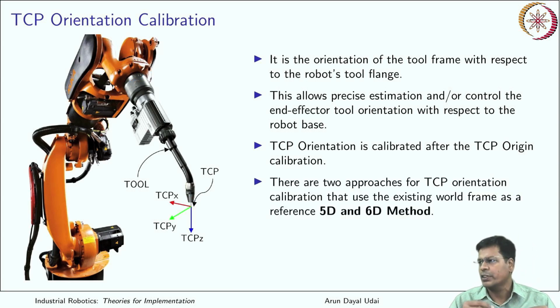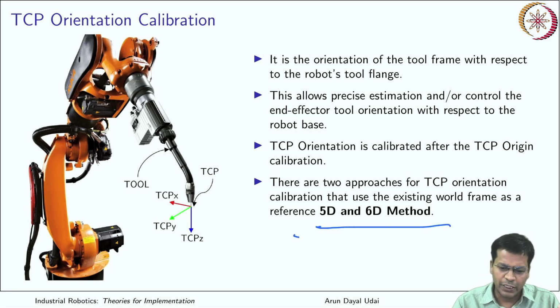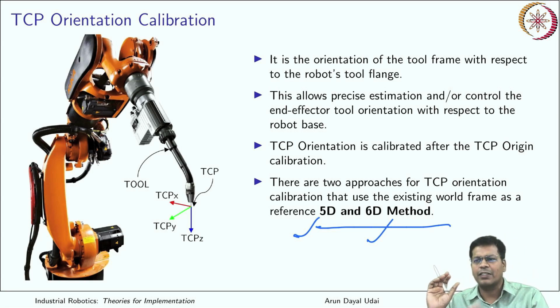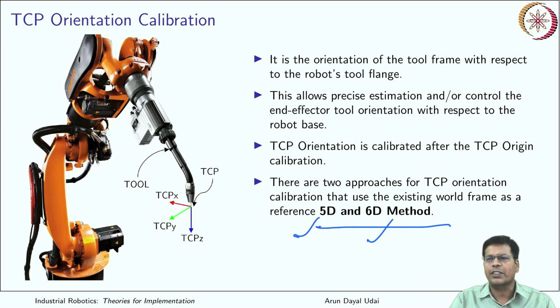So there are two approaches for TCP orientation calibration that use the existing world frame as the reference. These are the two methods; we'll talk about those that use the world frame as a reference. So what is the world frame? It is the frame attached to the workspace, anywhere in the workspace where your robot is standing.